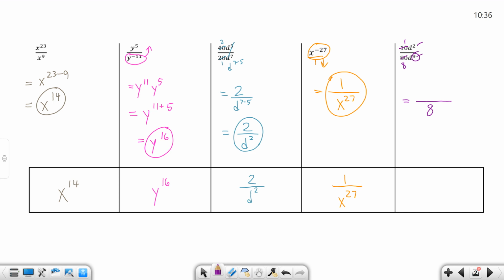The bigger power is down here, so the d's are going to be left over in the denominator, d to the 9 minus 2. Now I've taken care of everything, and there's nothing left up top, so I put a 1 up there. So this is going to be 1 over 8 d to the 7th power.